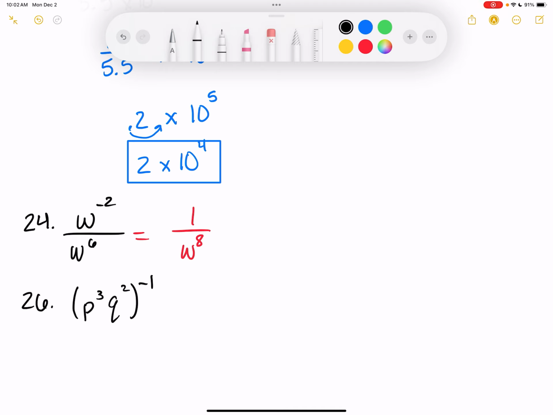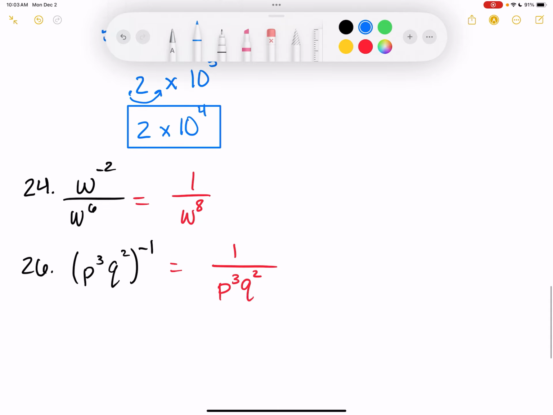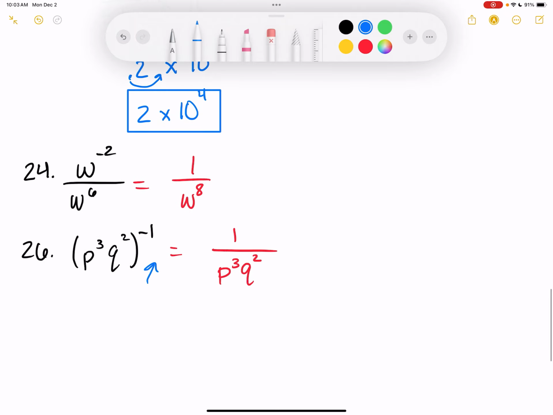I'm going to move it to the bottom. So it's 1 over P cubed Q squared. The intermediate step that we're not showing here is P to the negative 3, Q to the negative 2, which leads us to this.